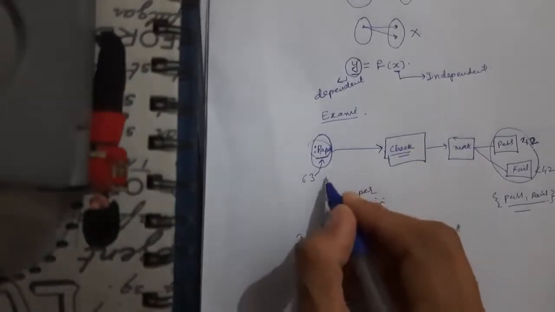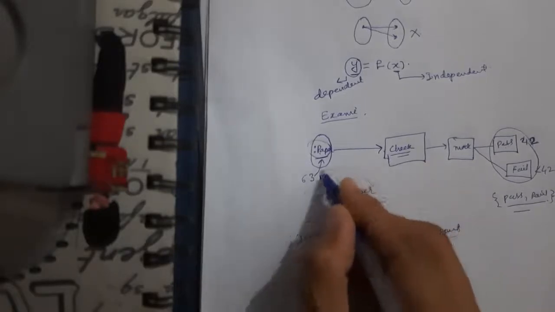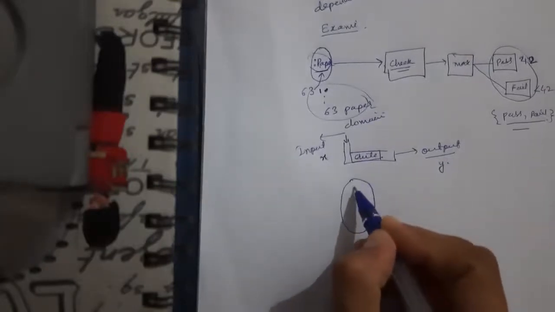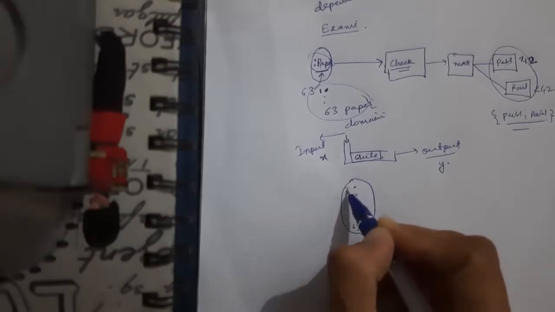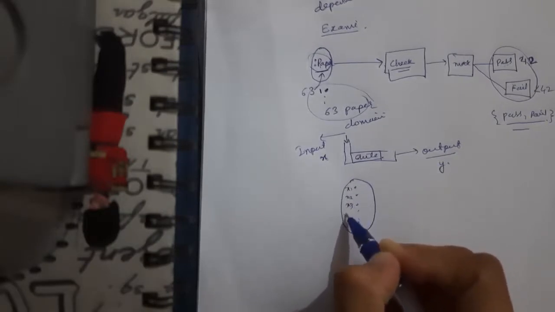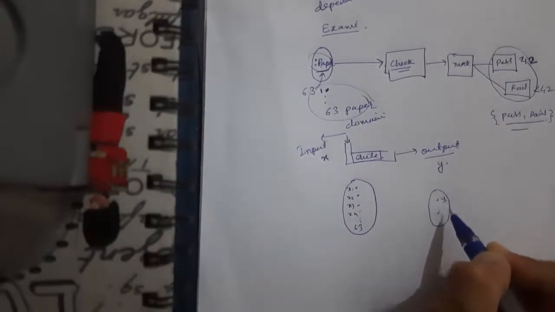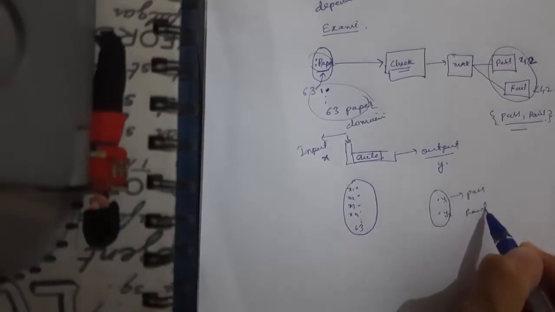Now it does not happen that one student, suppose roll number 1, among the 63 papers gets both results, pass as well as fail. If I represent this in a Venn diagram, suppose here we have students 1, 2, 3, 4 up to 63, that is x1, x2, x3, x4, and here I have two outputs, y1, y2, pass or fail.